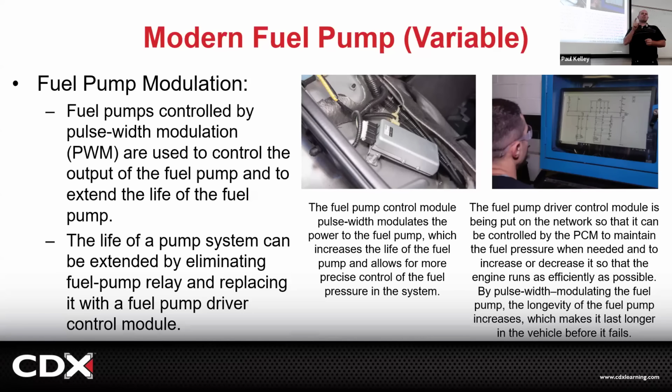So there is a way to test it without the picoscope, but it depends on your meter and it's a little vague, but most of the time it's good enough. If you're expecting your fuel pump to be at 50% and you use your meter on duty cycle and it says 0%, you know you're not getting a signal out of the fuel pump control module.